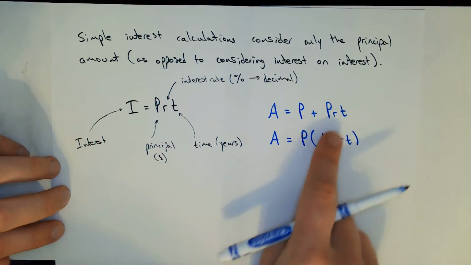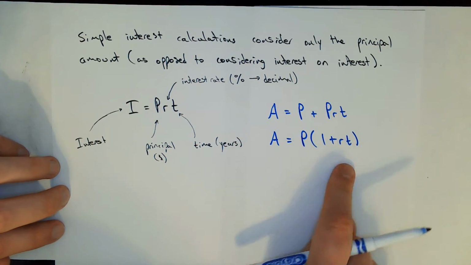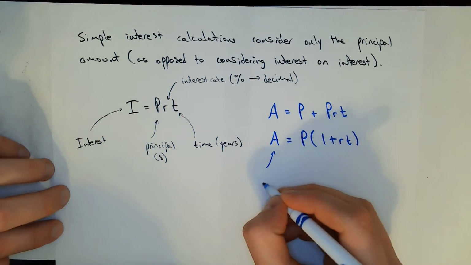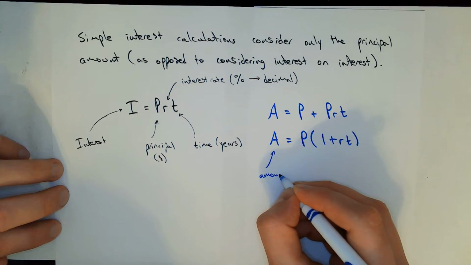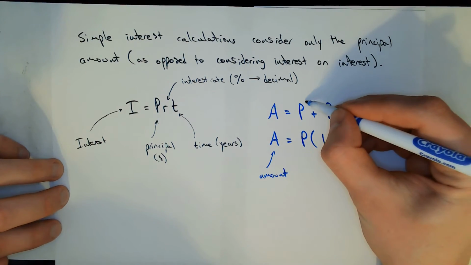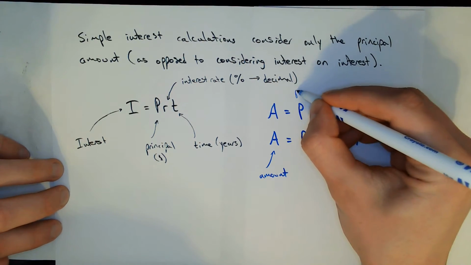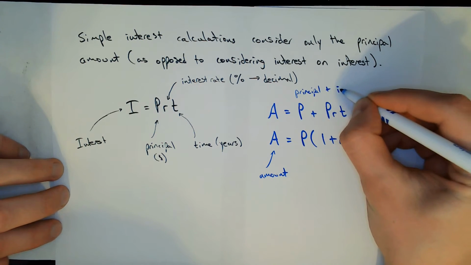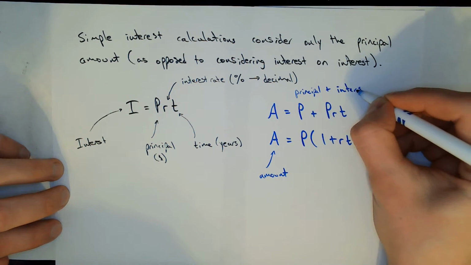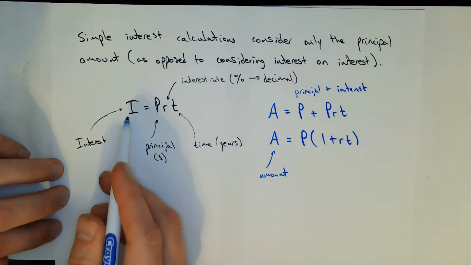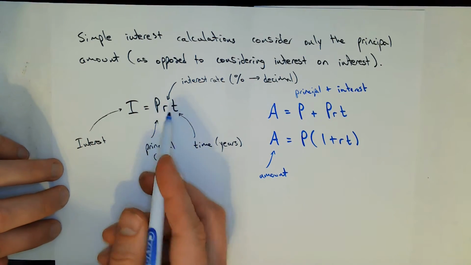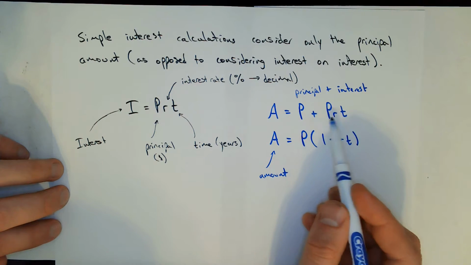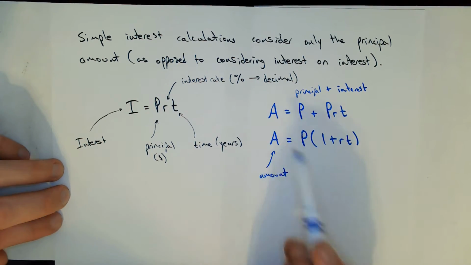That's just this equation, right? Pulling the P off of both of these. So this is principal plus interest. That's what I'm doing here. Principal, P, plus interest, which is PRT, right? That's interest. So I'm doing principal plus interest. That would be the total amount.